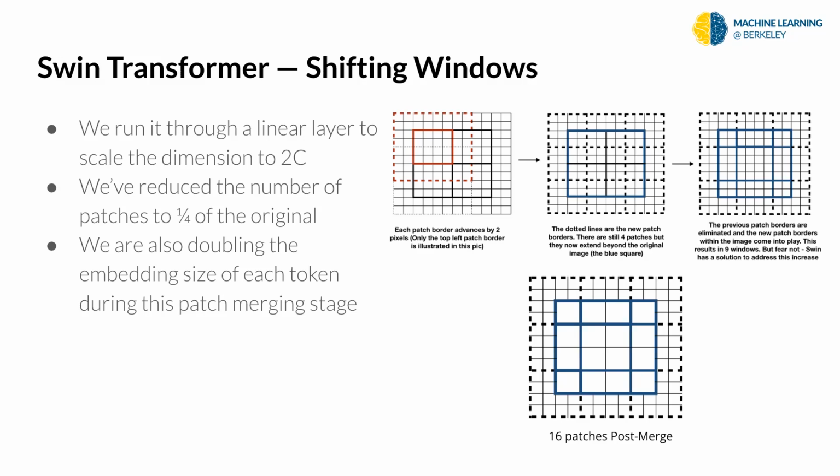Okay. So we're computing self-attention within each patch, or between patches in a specific window, right? And as we increase the size of these windows, for example, this has 4 patches, this has just one patch post-merge. We're now computing self-attention between patches that previously were not computed between.